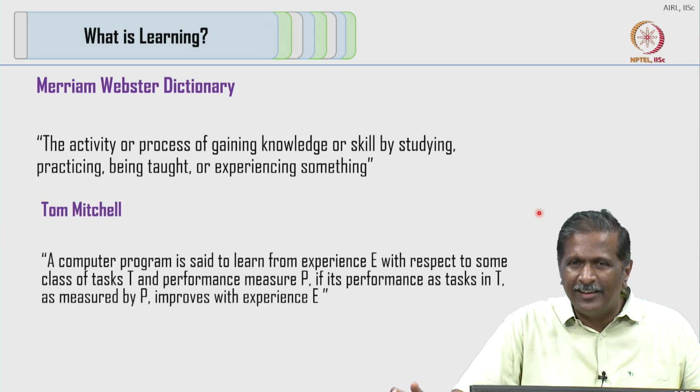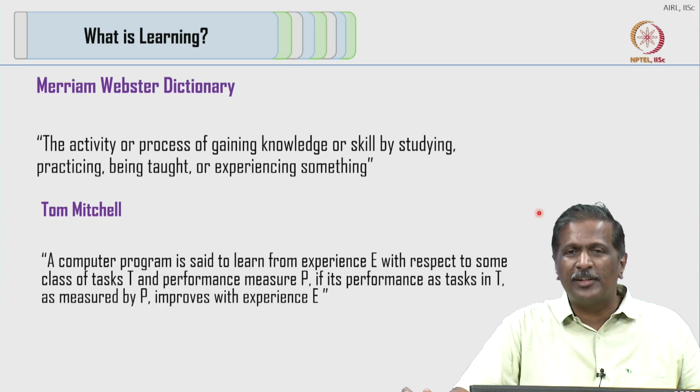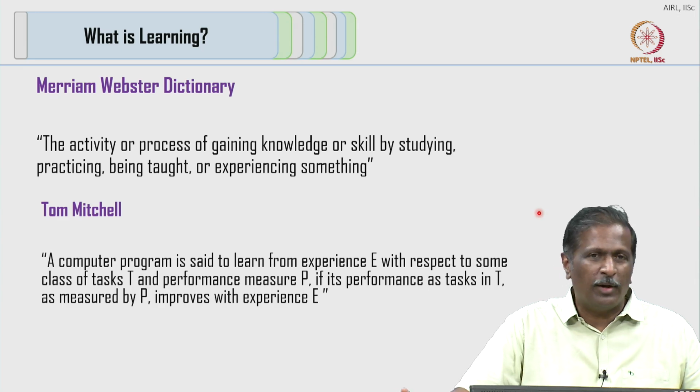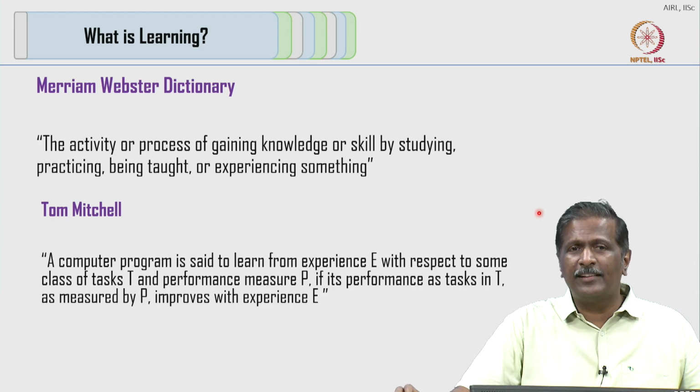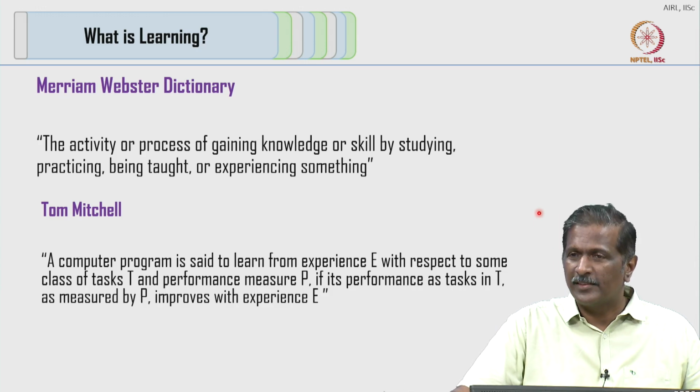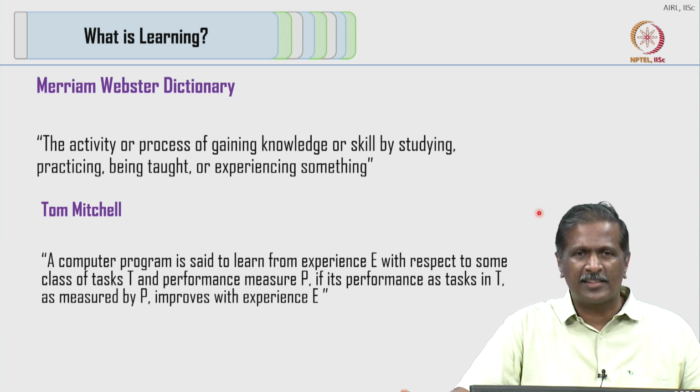Looking at learning from the point of view of artificial neural networks, Tom Mitchell defines it as a computer program that is set to learn from its experience with respect to some specific task, let us say a classification task or prediction task, to achieve a certain performance.